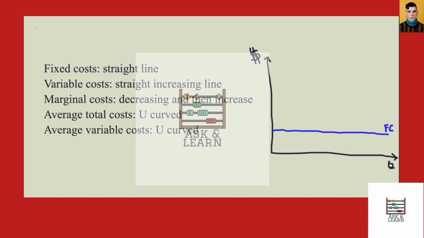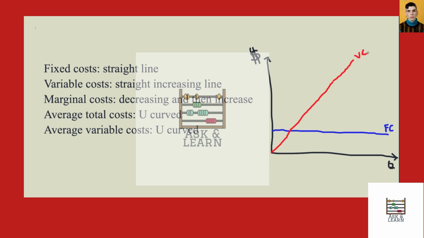Variable cost is just going to be increasing with quantity. If we have 0 quantity, we're going to have 0 cost, and we're going to increase it. Please assume this is a straight line. I'm doing my best. This is going to be a variable cost.